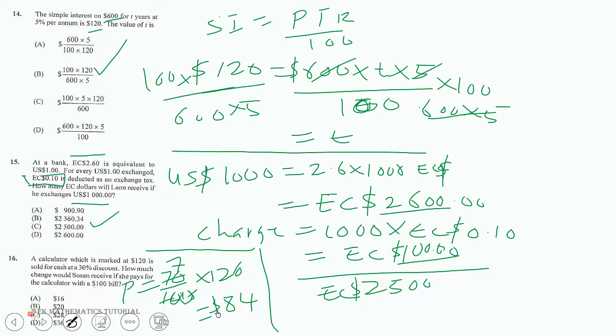The price is actually 120, but the amount that you pay is $84. So if he gives a $100 bill, then the change that you get will be $100 minus 84. So 100 minus 84 will be equal to $16. So that will be the change given to him.